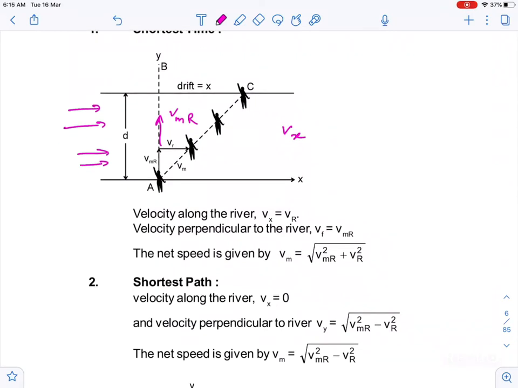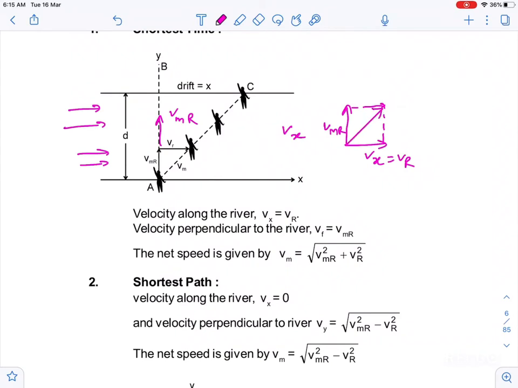So net velocity, how will you calculate, guys? See, you know the velocity with respect to the river is in this direction, and the man is jumping like this. So if you take the resultant of these two vectors, this will give you the resultant velocity. Like this is velocity along the x-axis, which is velocity vr, and this is vmr. So the resultant of this can be calculated by the parallelogram law of addition.